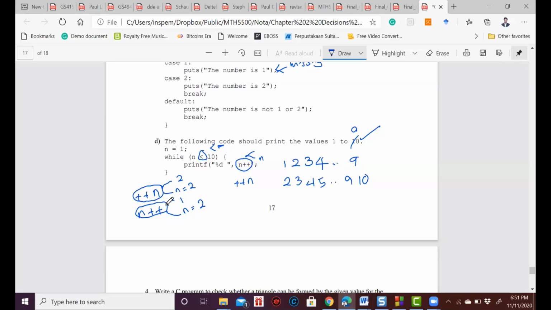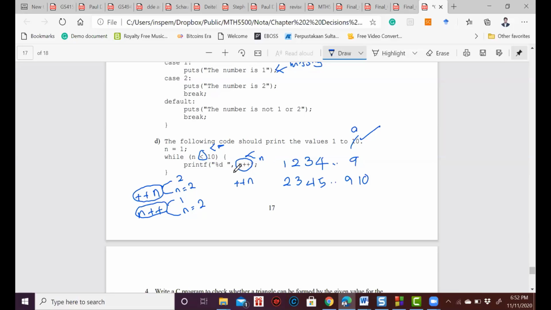But the value for the whole expression, prefix or postfix, depends. Postfix remains, prefix increases to 2. So here we print the value for the whole expression, which is 1, not the value for n. We have 2 values here, the value for the expression and the value for n. The value for the expression is 1, but the value for n changes to 2.